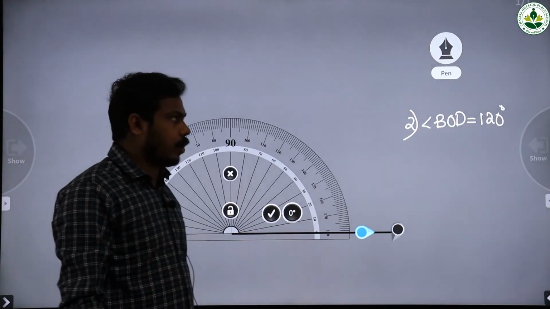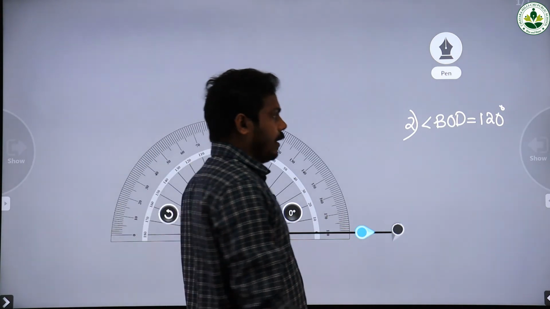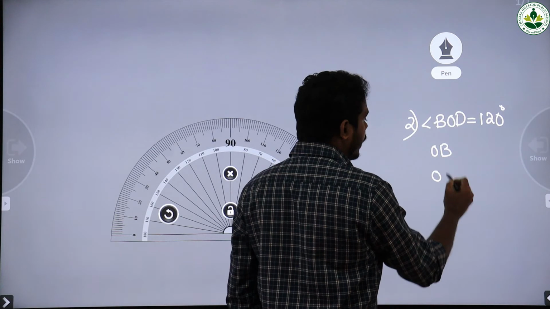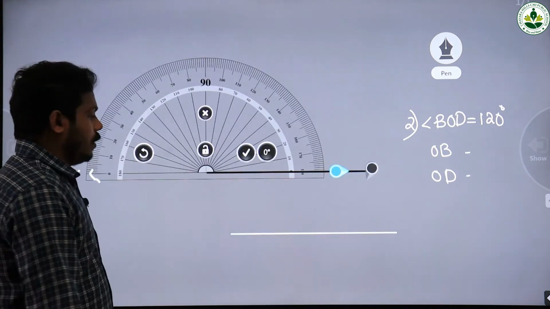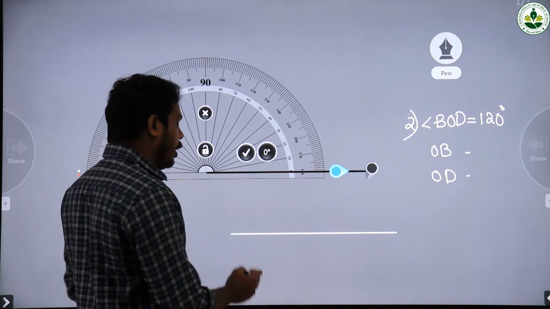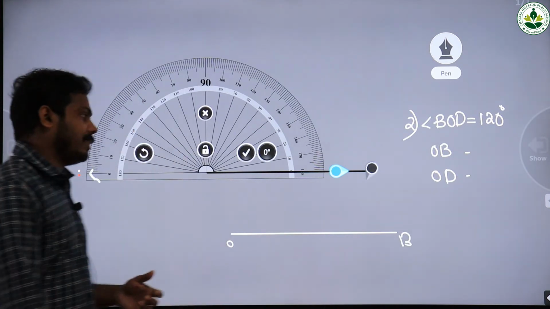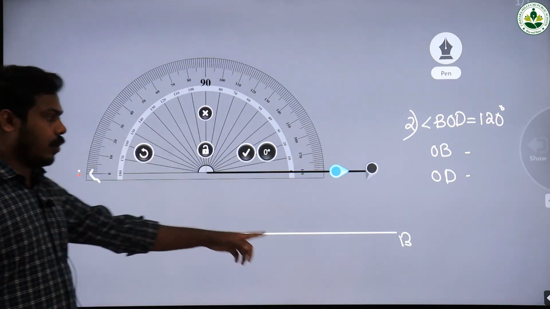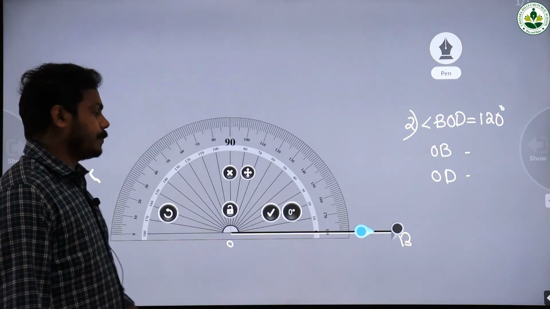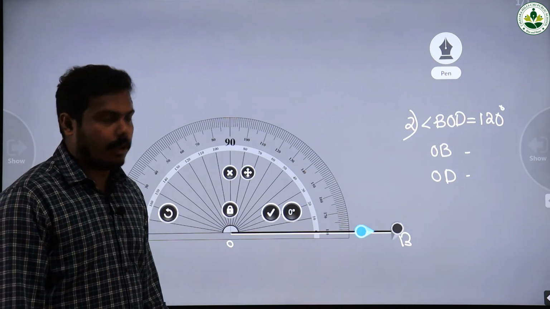Next question, we need to draw angle BOD with 120 degrees. Here O is the vertex and OB and OD are the arms. First we draw one of the arms. Here we draw OB. Then place the baseline of the protractor over this line OB. Then what is the next step?